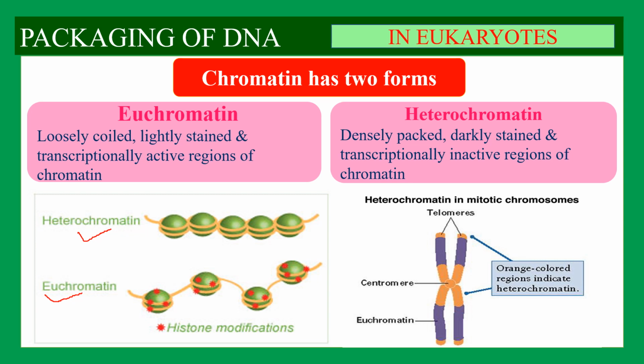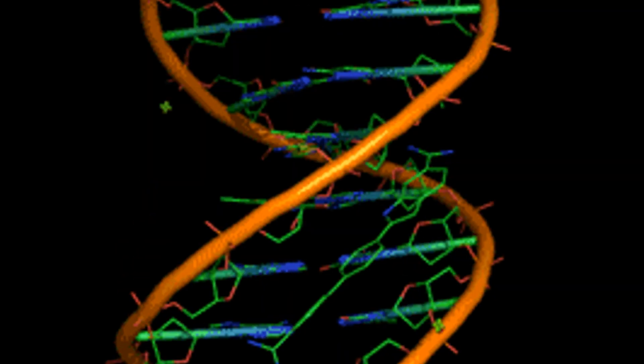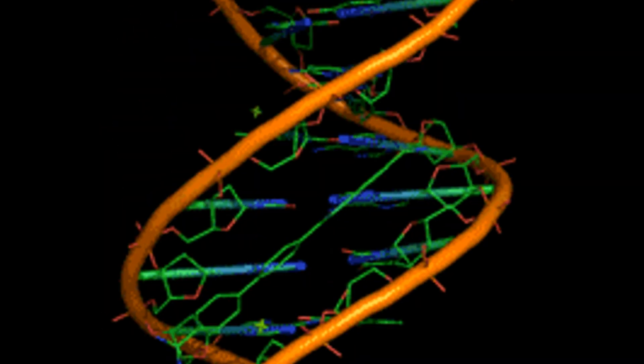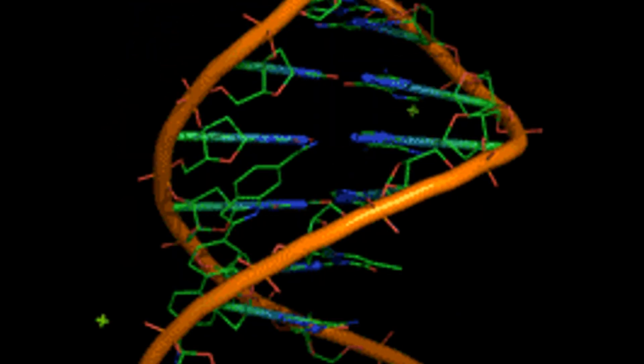Heterochromatin means densely packed, darkly stained and transcriptionally inactive region of chromatin. This is about euchromatin and heterochromatin. Up to this we discussed packaging of DNA.